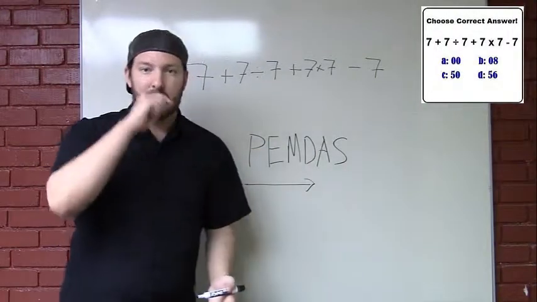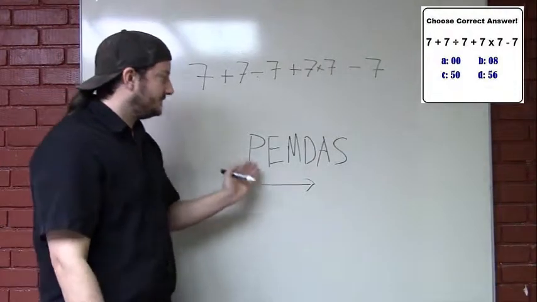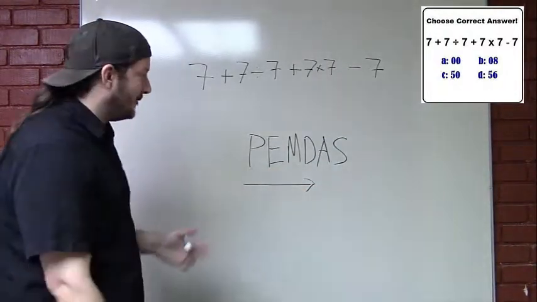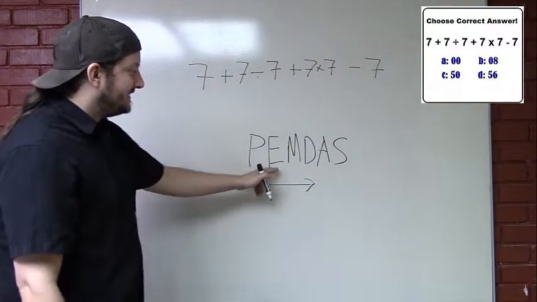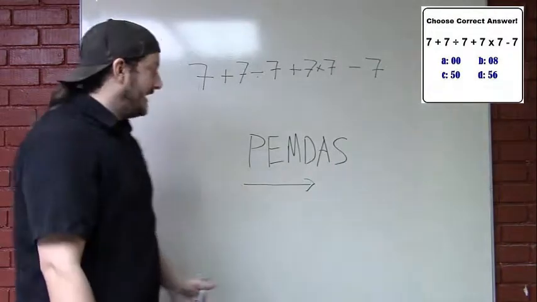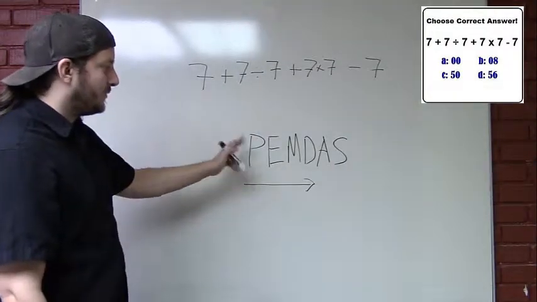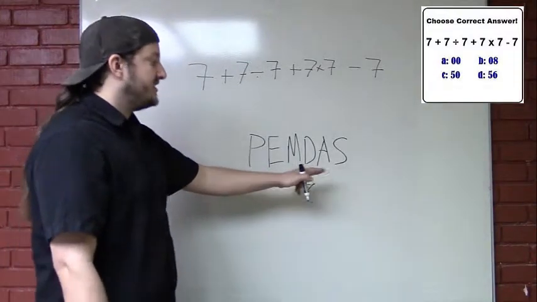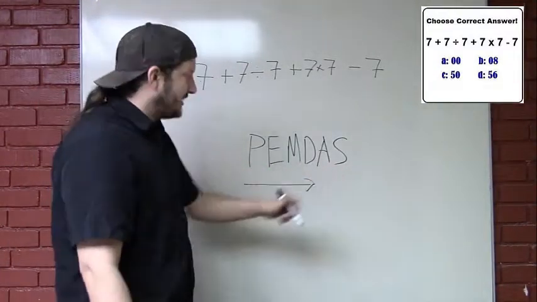There's an acronym, basically a sentence that can help you commit this to memory. It goes, please excuse my dear Aunt Sally, okay? So the P stands for parentheses, then exponents, multiplication, division, addition, and subtraction.